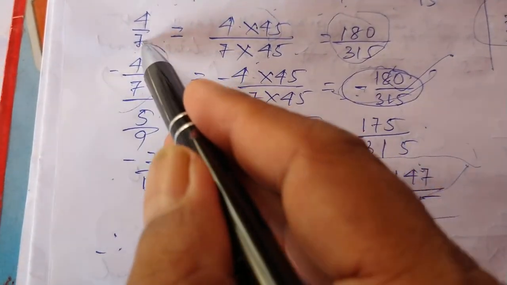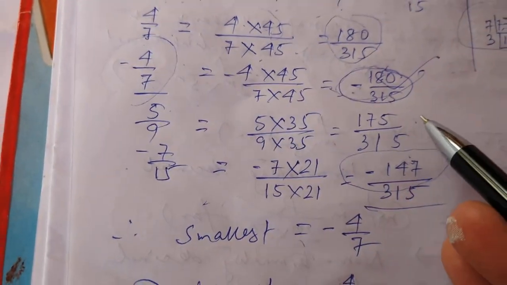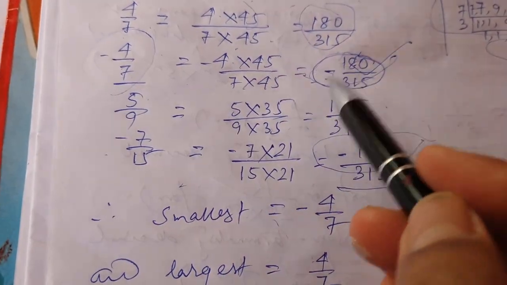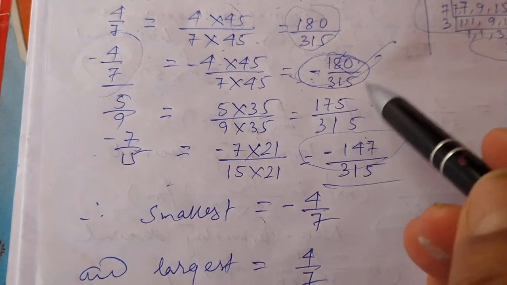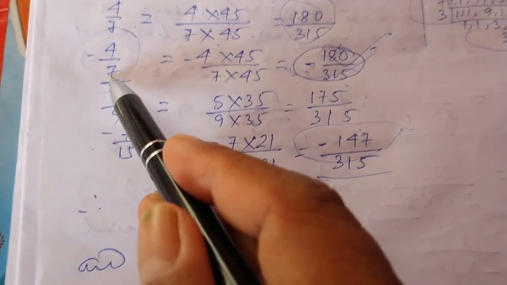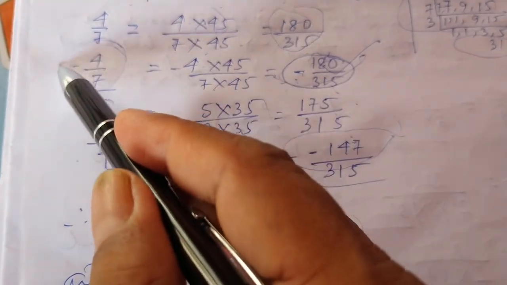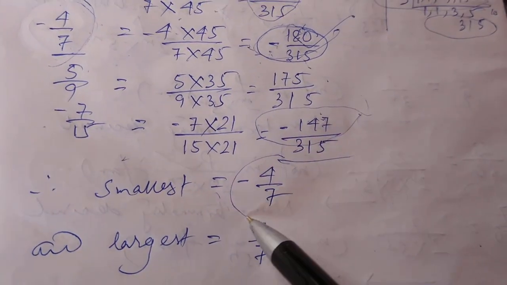Actually, what is given in the question, that one we have to find. What we have converted, what we get after calculation, is not our concern. We require this only to find it. Whenever we write the answer, we have to take the number given in the question. Minus 4 by 7 is the smallest number.